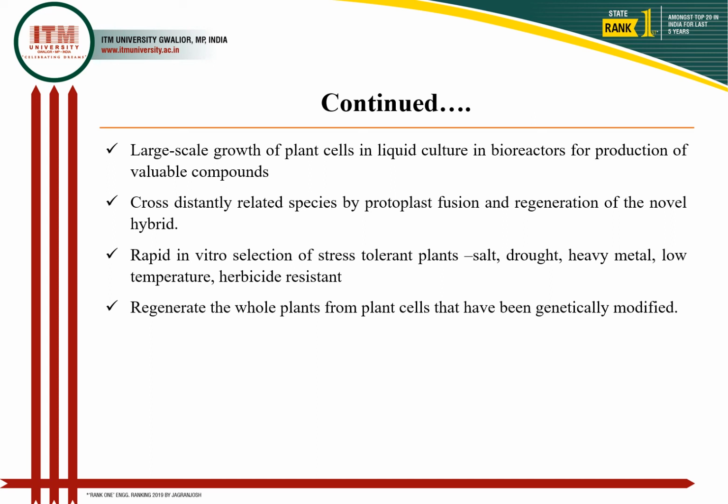It can even be utilized for the regeneration of genetically modified plants, which is one way to add some genetic traits to the population. So this is a good application of tissue culture technique.